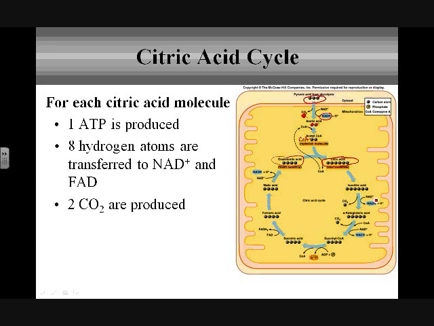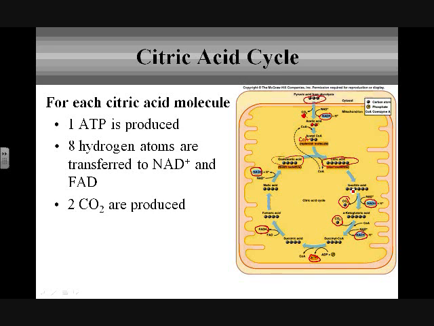And ultimately, what you wind up getting is that you have 3 more NADHs. You get 2 carbon dioxides. You're getting 1 ATP molecule and 1 FADH2 molecule in the citric acid cycle.